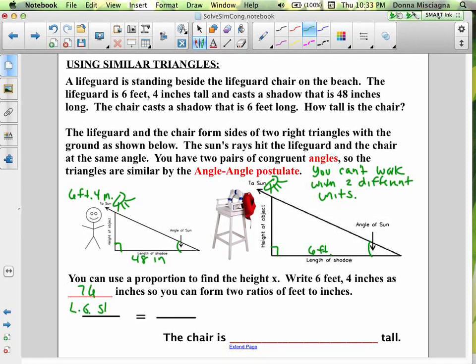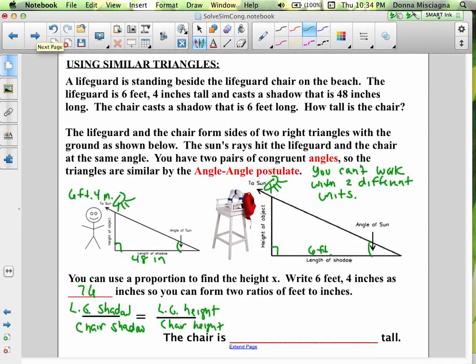So lifeguard shadow, right, is equal to lifeguard, and so I'll put lifeguard shadow, and then we'll put chair shadow. And then we have lifeguard height. Chair height.